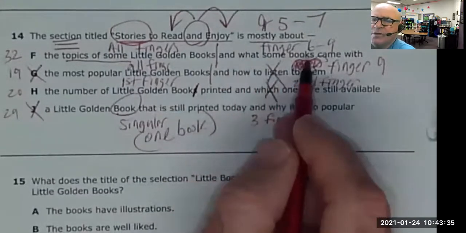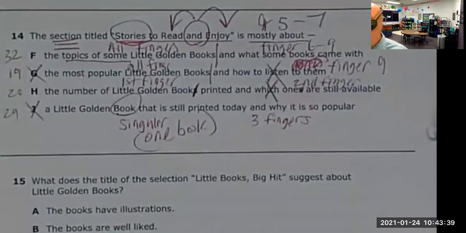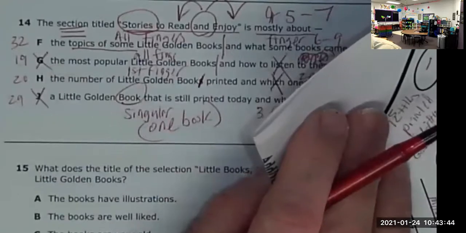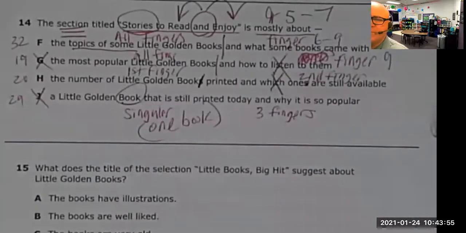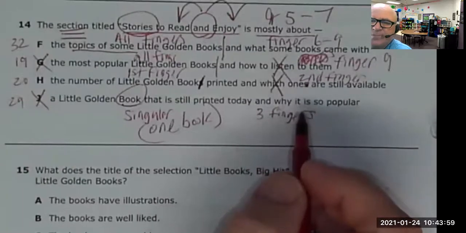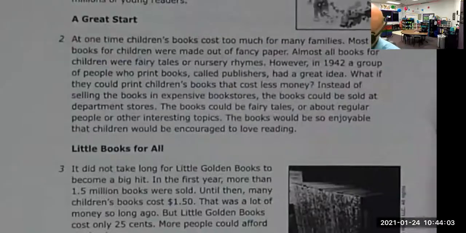because what some books come with, well, some books came with band-aids that we saw. Some books, let me see, what was it? There was something else that one of the books came with, and I can't remember what it was, but there were at least 3 books that had things that came with them. And so when you read that section, let me see if I can scan it real quick.